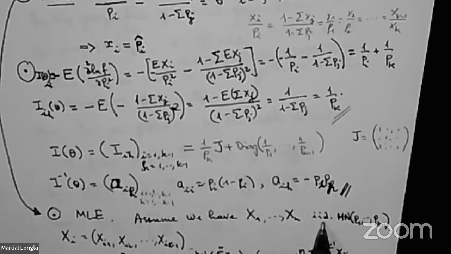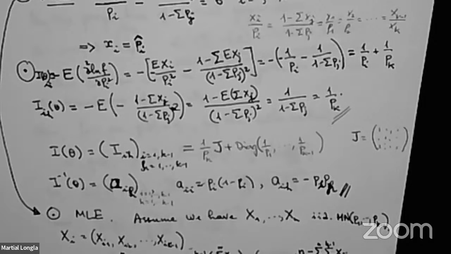Now, how do we get the MLE in this problem if we assume that we have a random sample, IID from multinomial, with P1, P2 all the way to Pk minus 1?